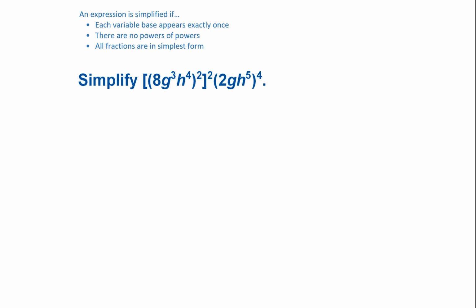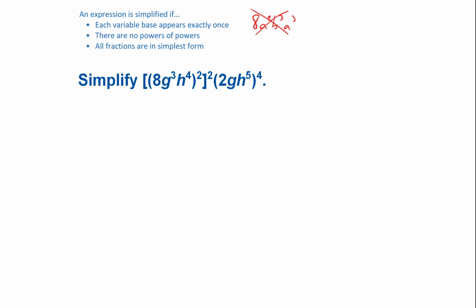An expression is simplified if each variable base appears exactly once. If my variables are a, b, c, each of those should appear only once. I don't want something like a squared, b to the 3rd, a cubed. That would not be simplified because I could combine my a's.